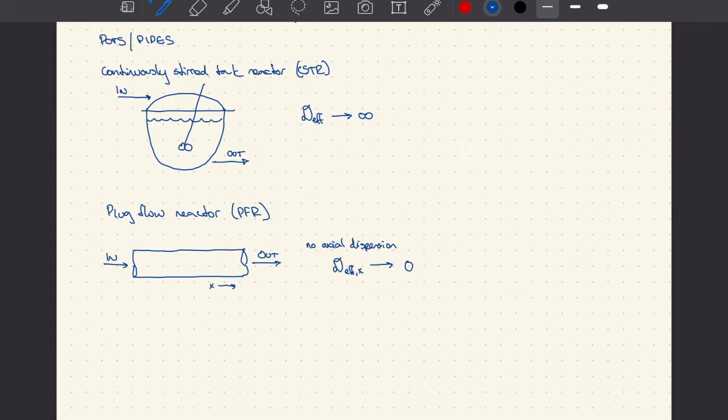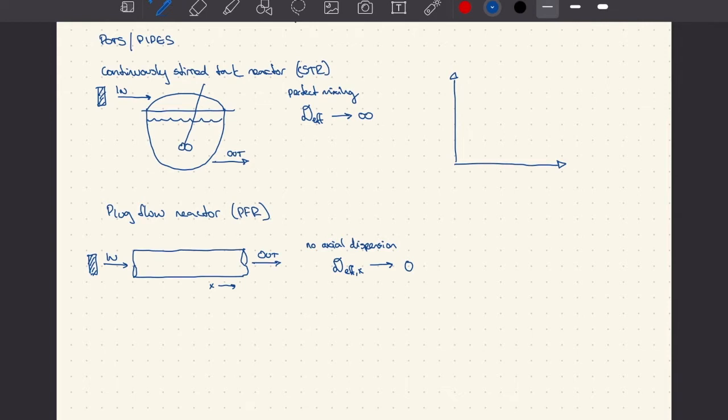And so in both of these systems, if we think about adding a mass element of reactants into our reactor, we can think about what might be the expected concentration of that mass element coming out. When we have perfect mixing in our CSTR, we might imagine that this mass element gets mixed instantaneously in our reactor.